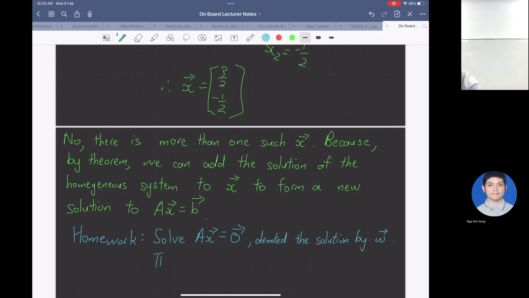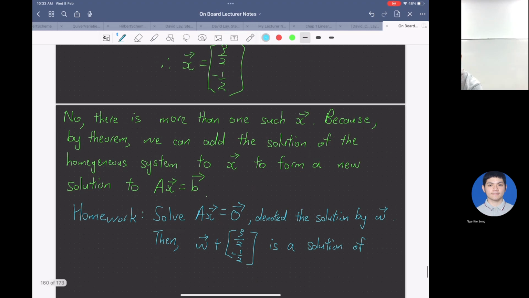Then w bar plus the x bar we have just now is a solution of A x equal to b. You can try and do this, because we already tried just now. Try again and convince yourself.